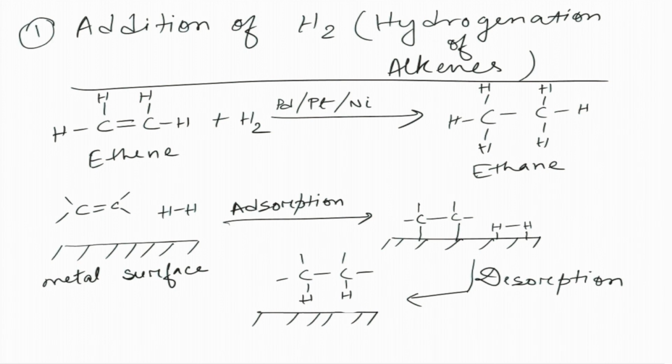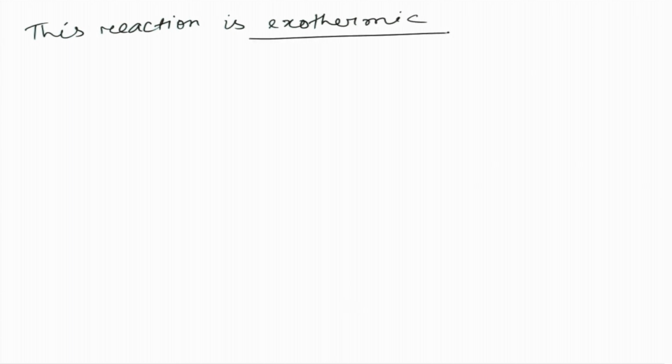Now, in this method, along with ethane, we also get some heat. This is called heat of hydrogenation. So, this reaction is exothermic. Exothermic means which produces heat, okay.